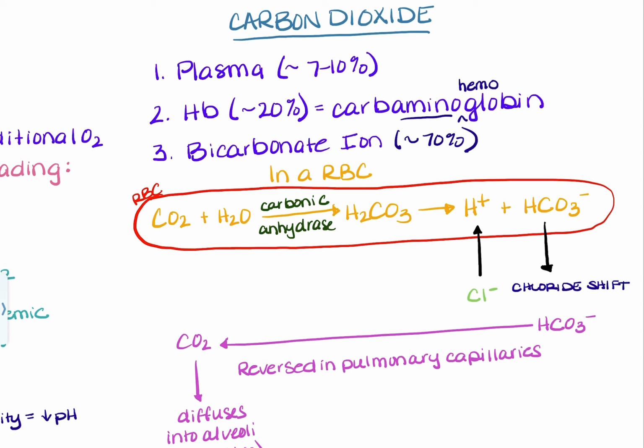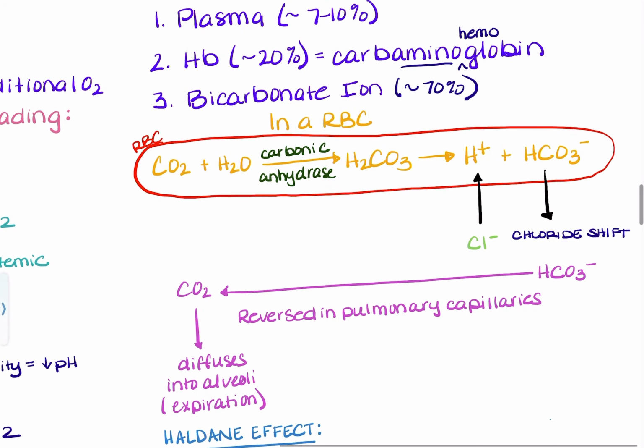So we swap a bicarbonate ion for a chloride ion. Now our bicarbonate ion is out in our plasma, and it can travel throughout our cardiovascular system that way.